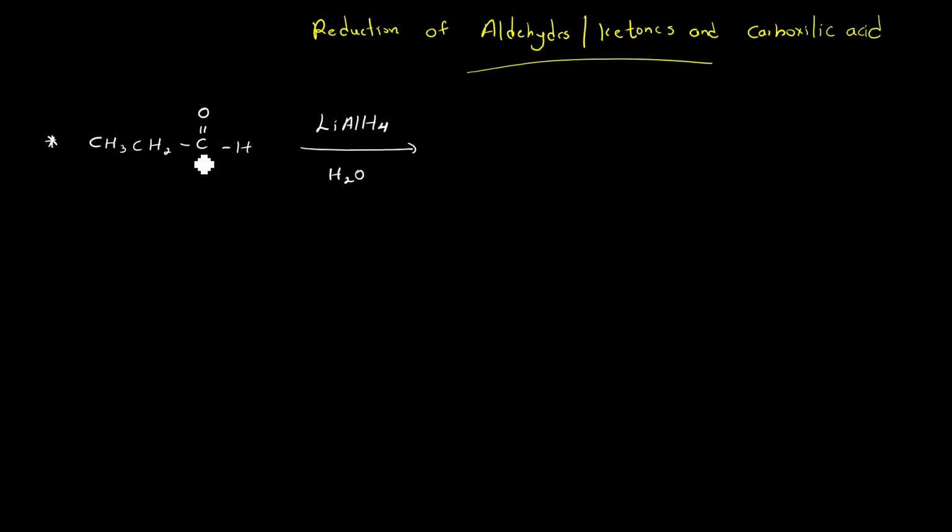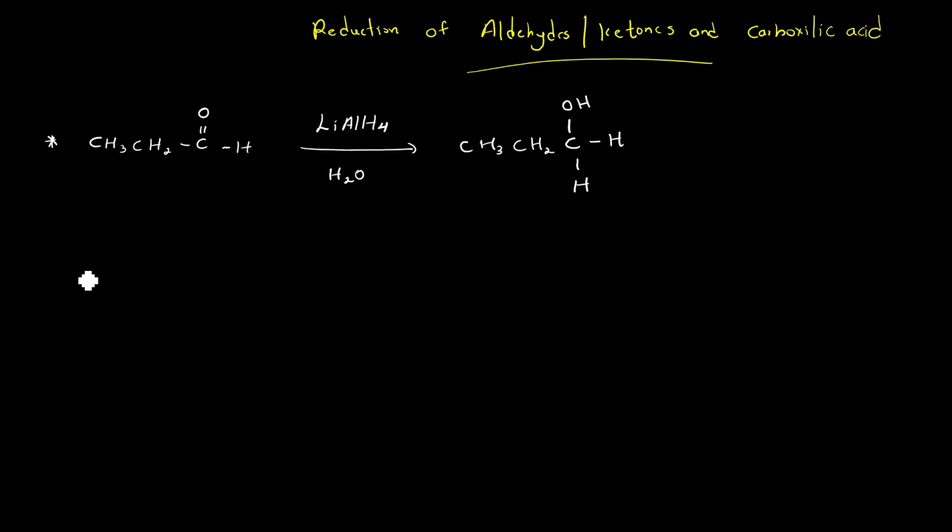Otherwise you will get a salt, like ionic compounds. So here you have CH3CH2CH2OH. Another H is being added by lithium aluminum hydride, and this carbonyl group is converted into a hydroxyl group.